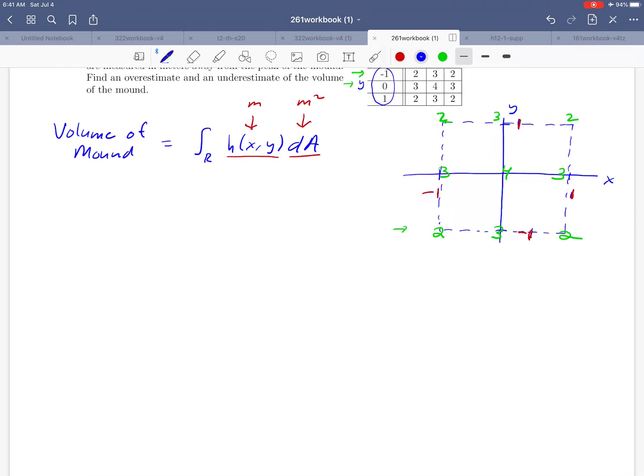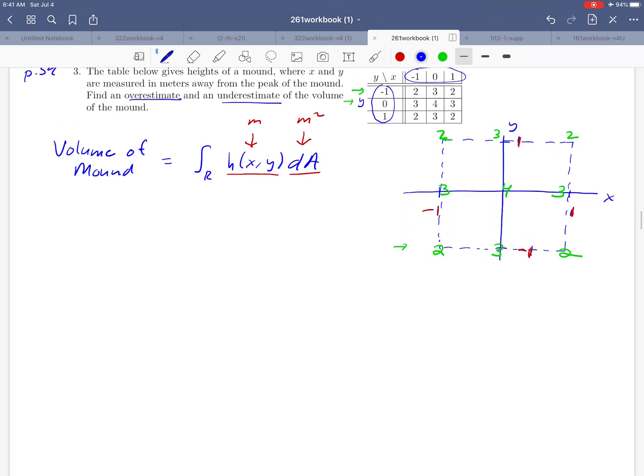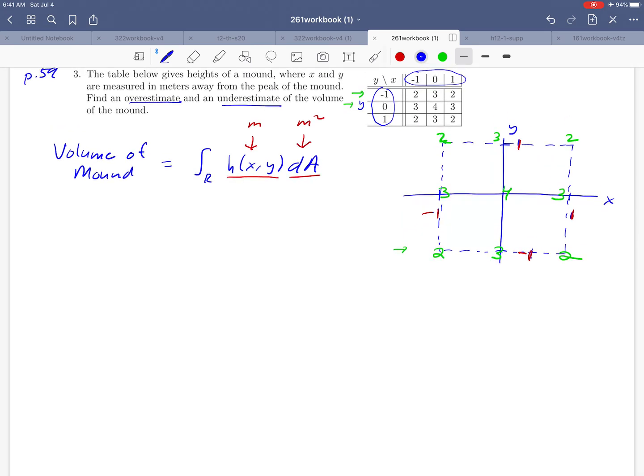Now specifically, they want an overestimate and an underestimate of the volume. So let's start with an overestimate. The idea there is to take our region and divide it into subsquares. In our particular case, it's natural to divide this into 4 pieces. We can see that in our picture here.